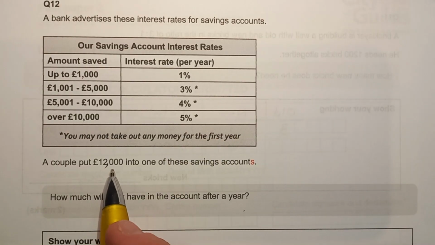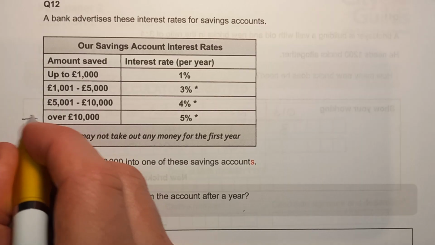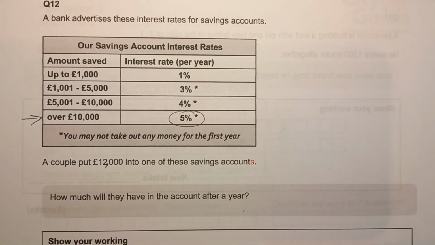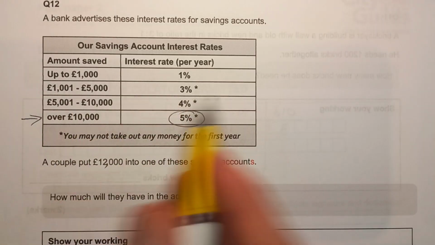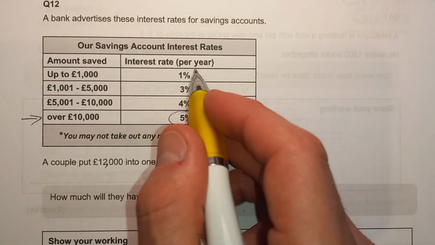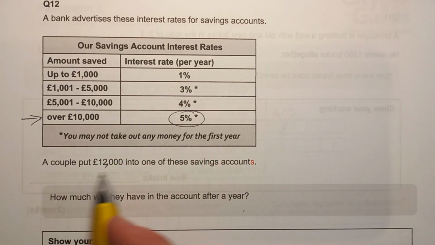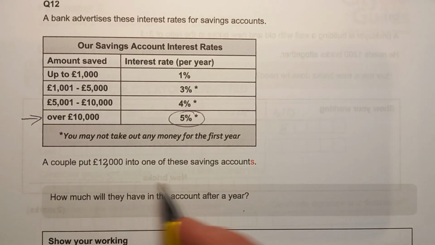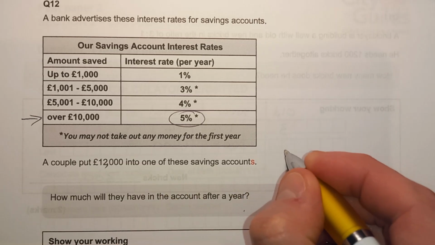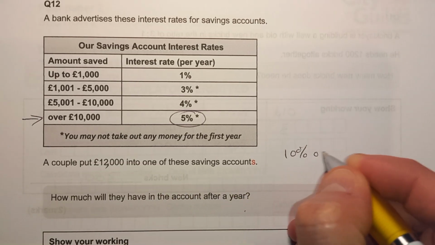So if it's £12,000, it's over 10,000, so the interest rate is going to be 5%. We're not slicing it up into sections, some at this amount and some at this amount. It's going to be 5% for all of the amount, which is the full £12,000. So for us to work out 5%, what we can do is first work out 10%.